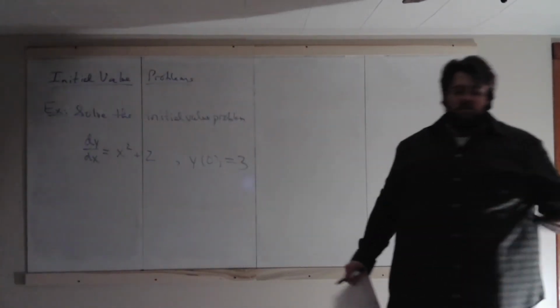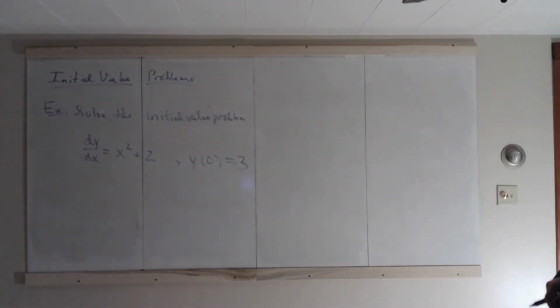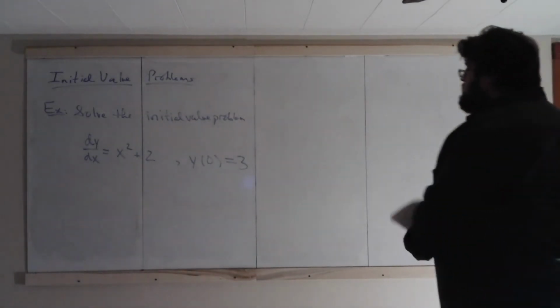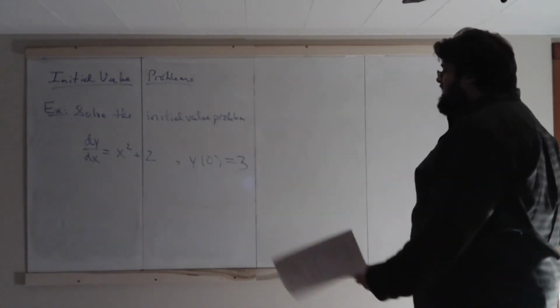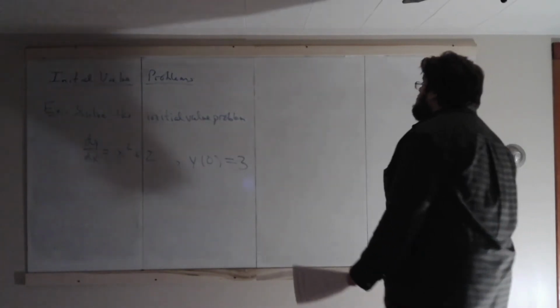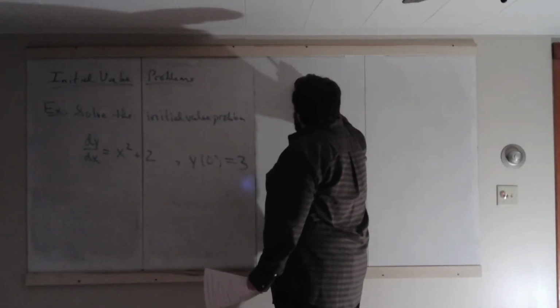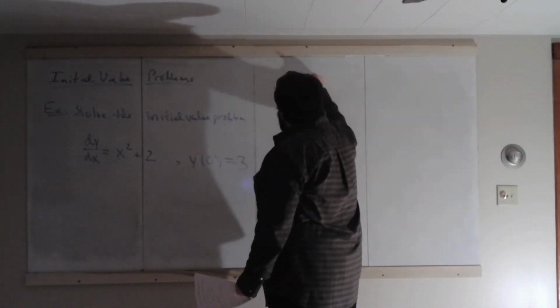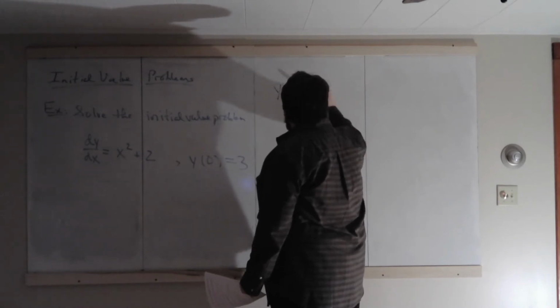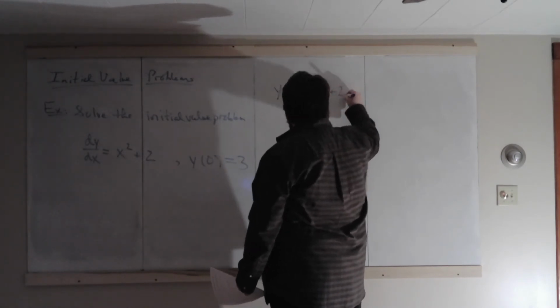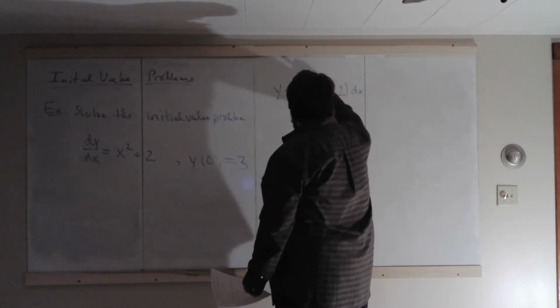Well, let's find y first. Given the derivative, now that we know indefinite integrals, we can find a family of potential y's. So let's say y equals the integral of x squared plus 2 with respect to x.